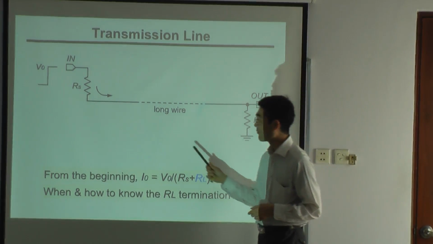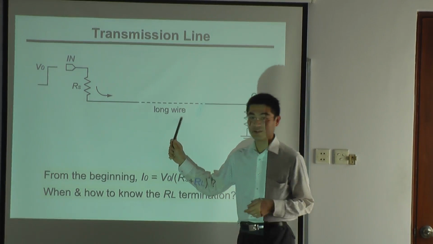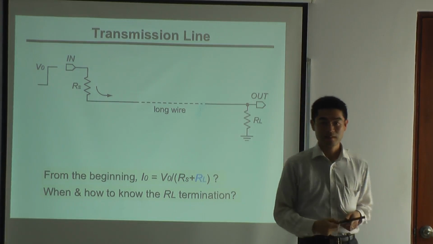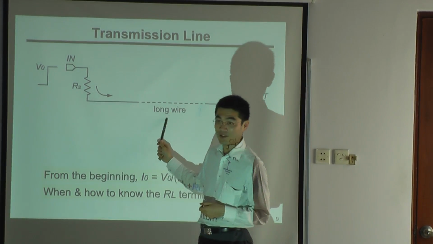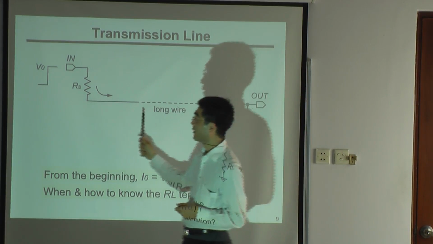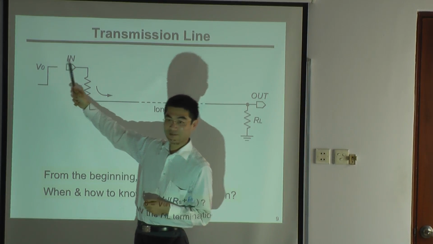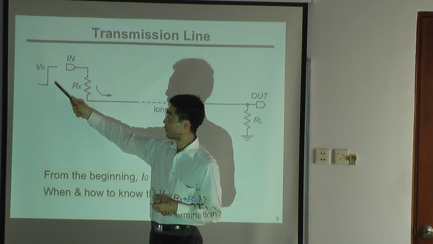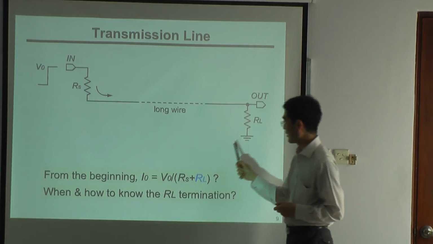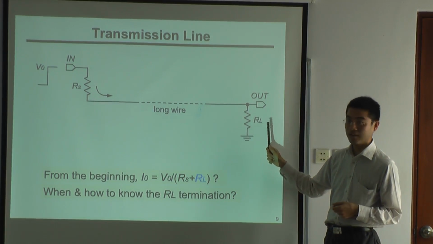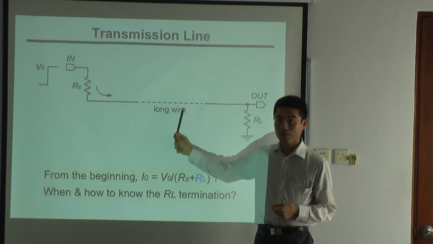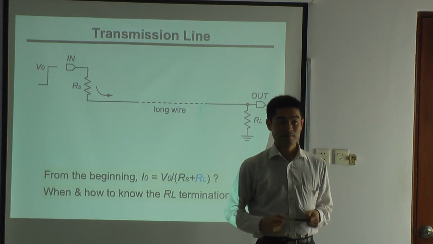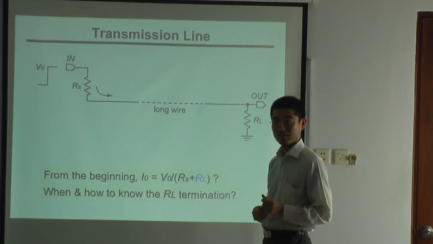However, this is a very long wire. This signal does not know there is an RL termination, because the wire is very long. What happens?